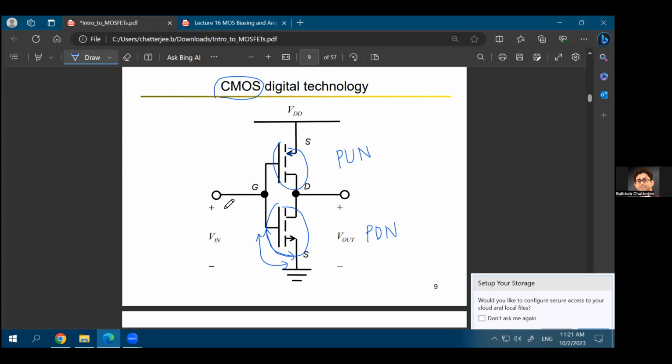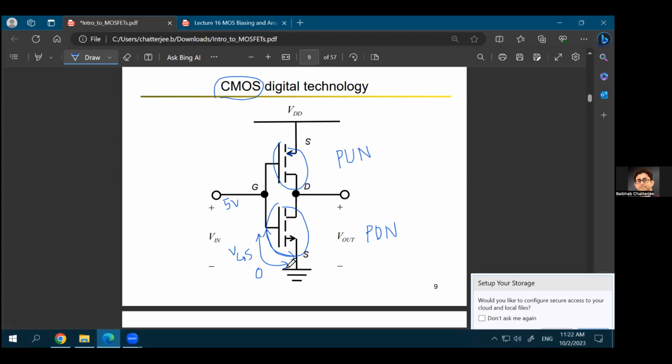Now let's imagine that this point's voltage is 5 volts and the ground is of course 0. As you apply 5 volts to the gate of the NMOS device and the source is connected to 0, what is the gate-to-source voltage? This is called VGS for the NMOS device.